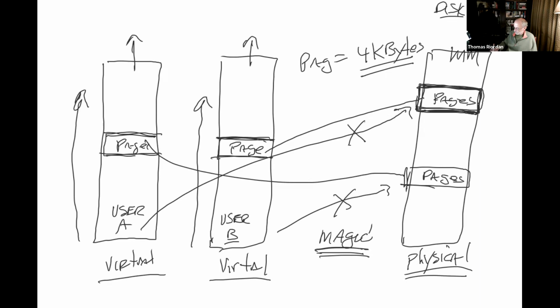So even though user B thought that page was here and user A thought that page was here in virtual space, and those are the same, they're going to get mapped to different places in physical memory. All right, so let's see a picture of how that works.